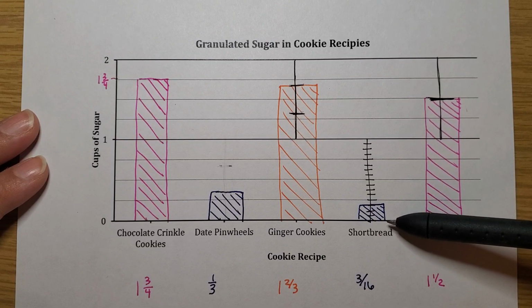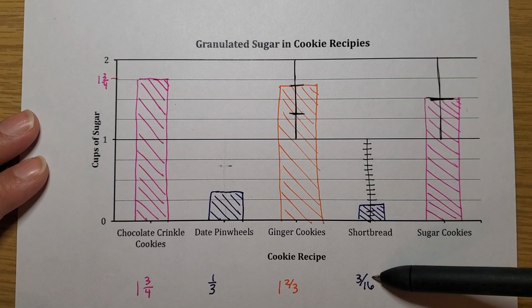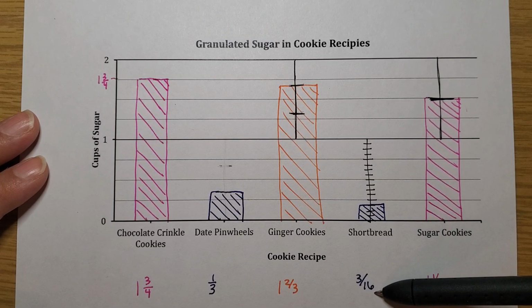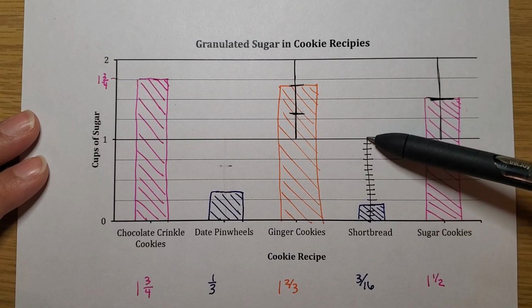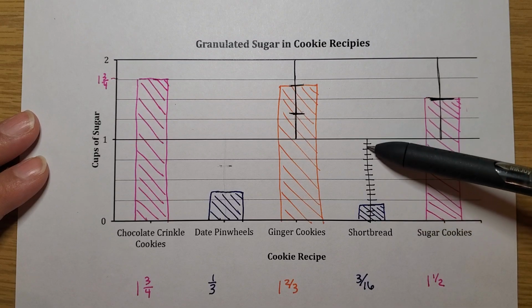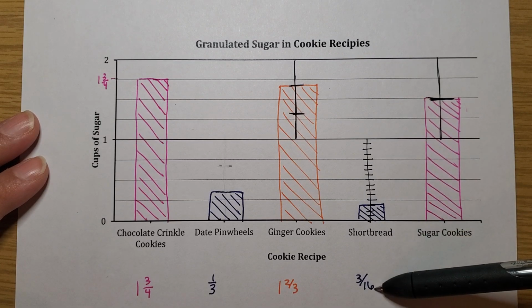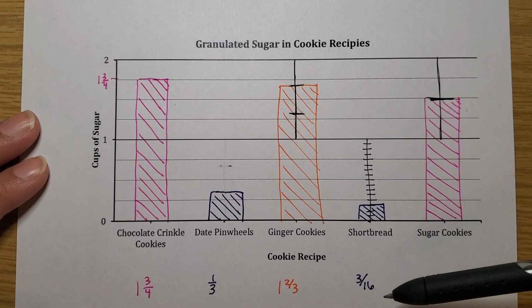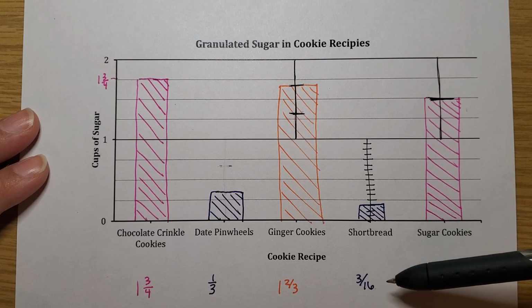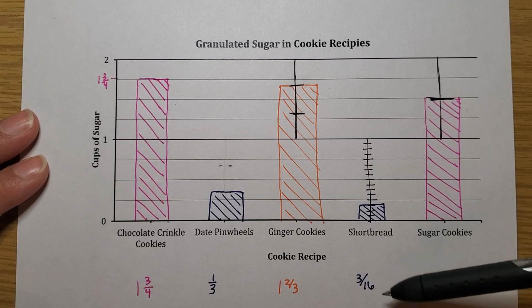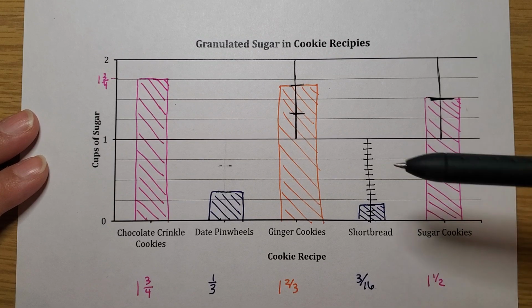For shortbread, this one made me sigh at first because the denominator was 16. So it's a proper fraction, so it goes from 0 to 1. So I had to break that interval up into 16 pieces. But the good news is I know that 4 is a factor of 16. I know that 4 times 4 is 16.